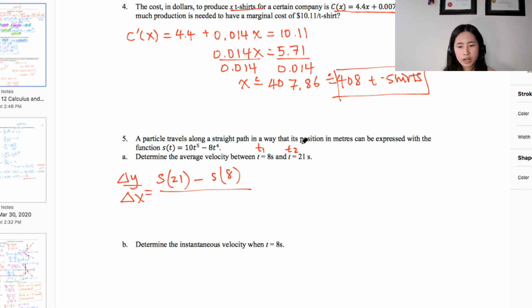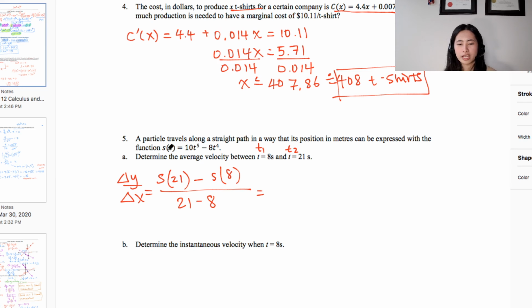In your denominator, because t is your x, it's going to be 21 minus 8. Delta, as a Greek letter, just means change, which is final minus initial.